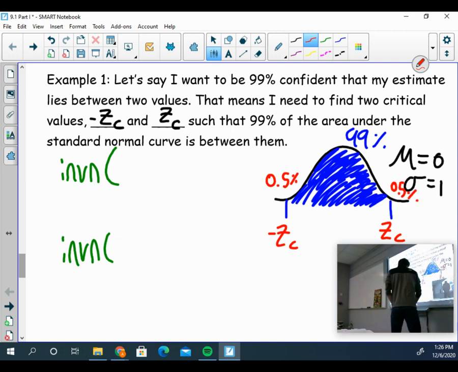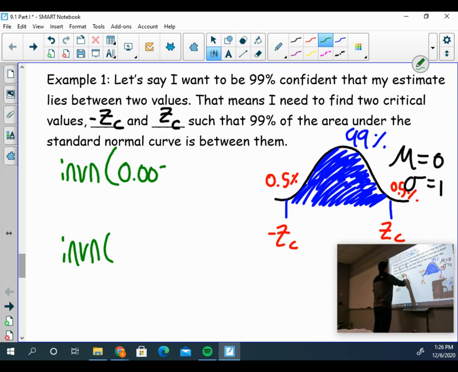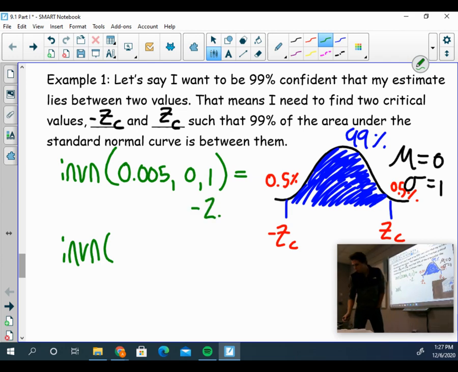And so for my inverse norm setup, remember I need to identify the area left of each value. Turn your percents into decimals. And when you solve this, you get negative 2.58.